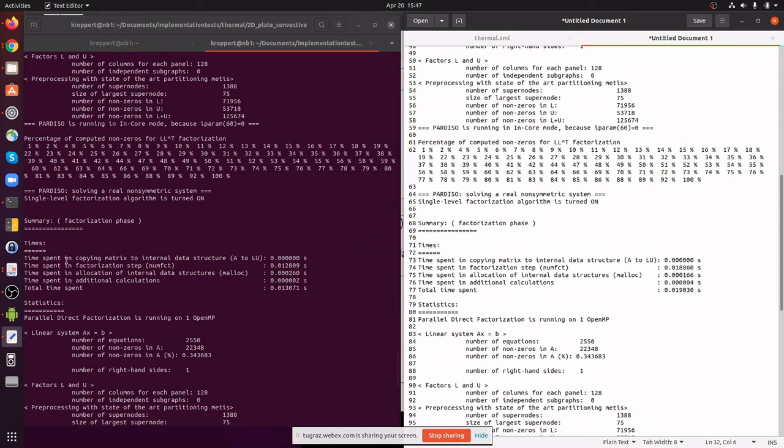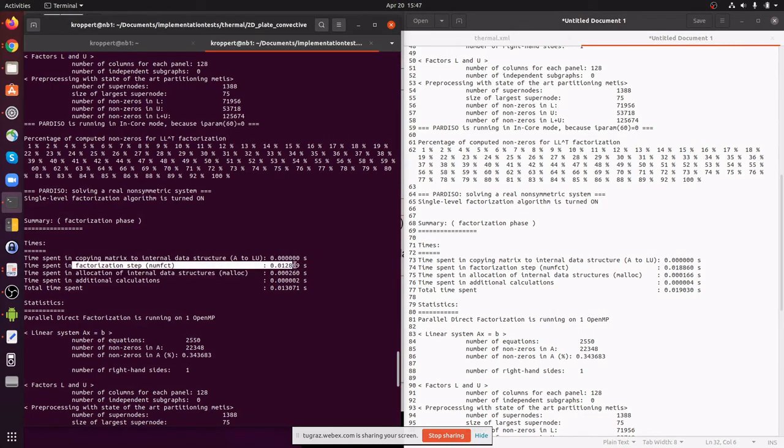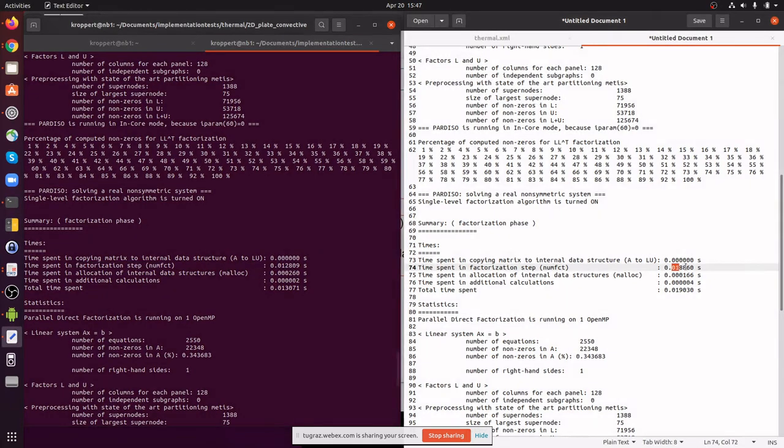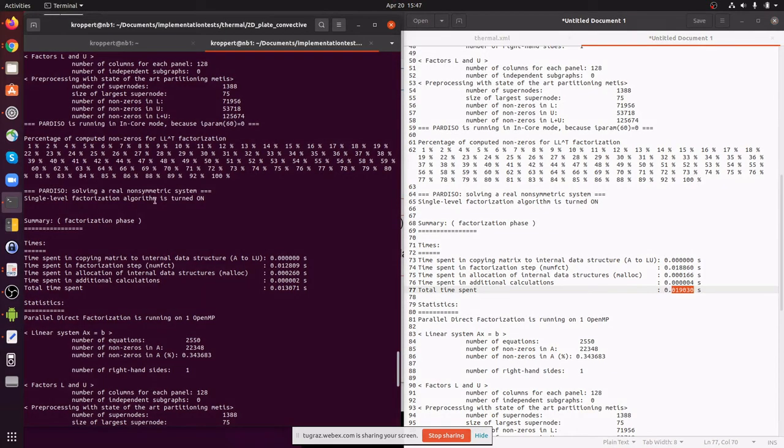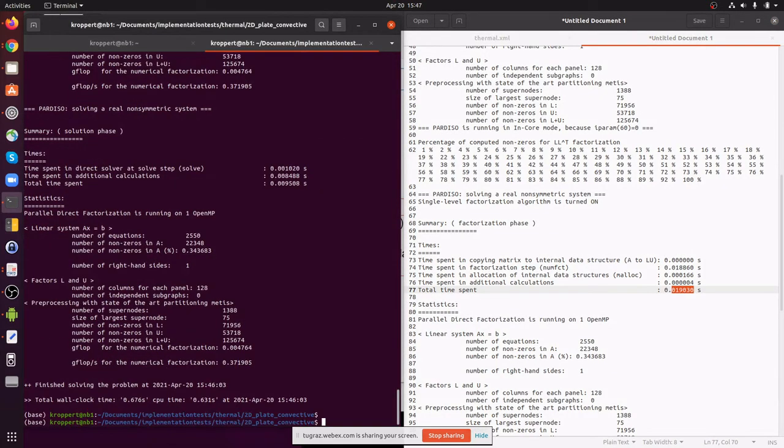Okay, so here time spent in factorization. Here we have the higher value for the higher, no, sorry, it's smaller actually. Okay, maybe we can, no, that's smaller. That's strange.